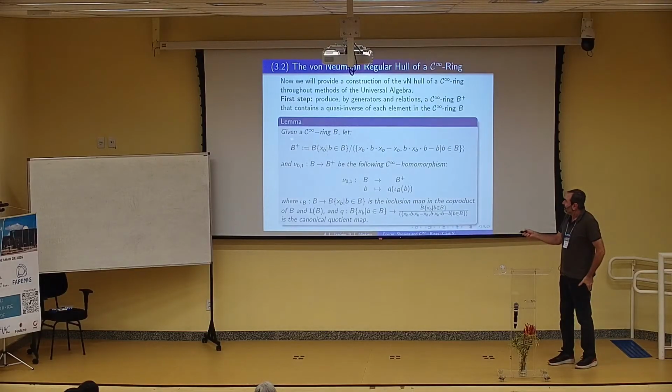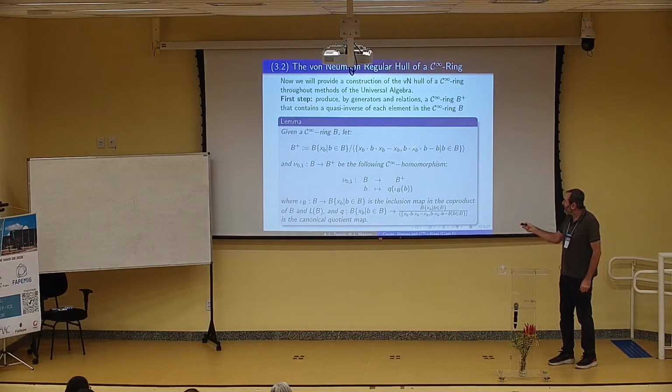Se a gente tem um anel sem infinito B, nós podemos adicionar variáveis, a gente já viu como, usando o coproduto, e forçar que essas variáveis sejam os quase inversos formais do elemento b. Então, esses xb vão fazer o papel dos quase inversos formais, como na estrutura multiplicativa, que seria um semigrupo inverso, do elemento b.